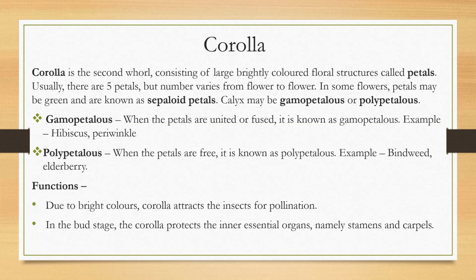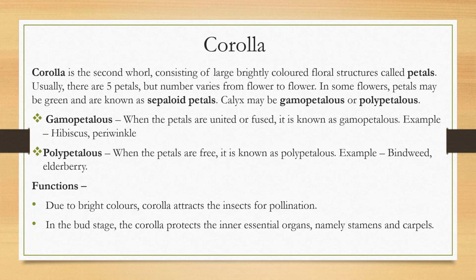In some flowers, petals may be green, then they are known as sepaloid petals. Corolla may be gamopetalous or polypetalous. Gamopetalous corolla is when the petals are united or fused. Example, hibiscus and periwinkle. Polypetalous is when the petals are free. The condition is called polypetalous.